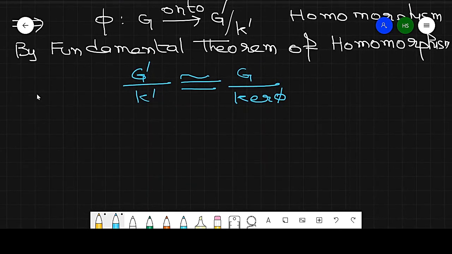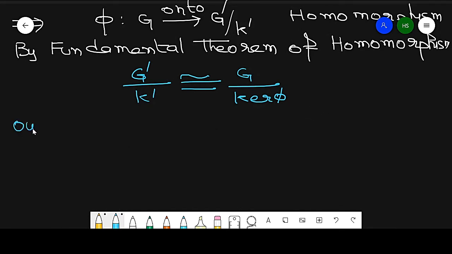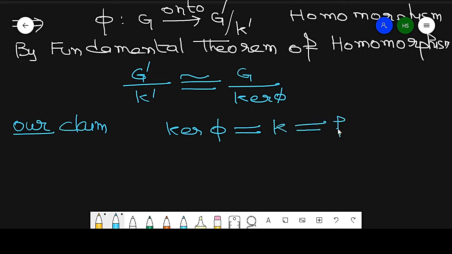Now we know that kernel of phi is a normal subgroup of G. So our claim in first step, kernel of phi and K are equal. So what is K? K is equal to f inverse K dash. So what is this set?